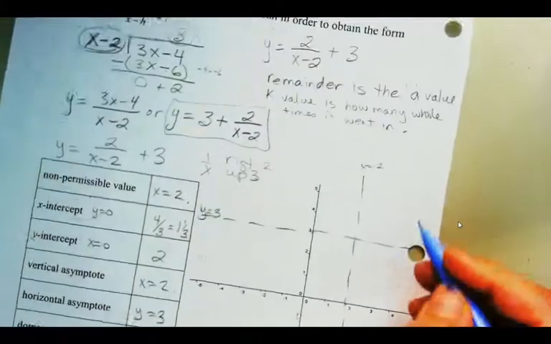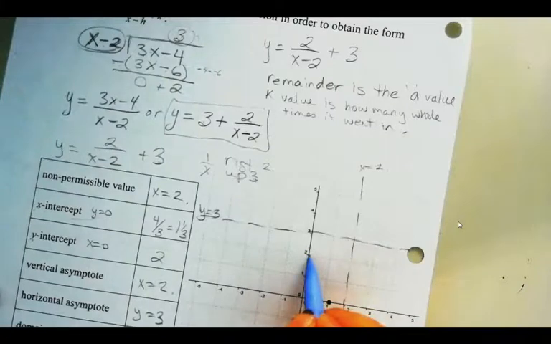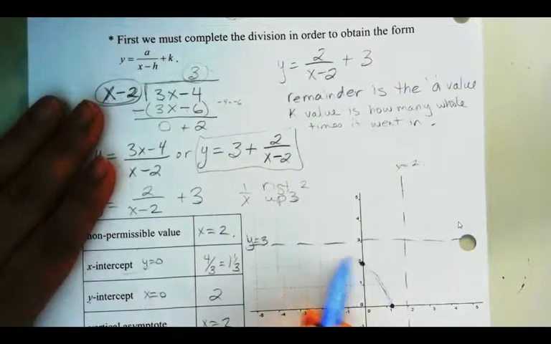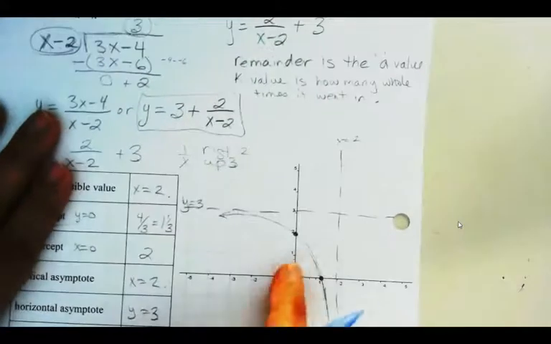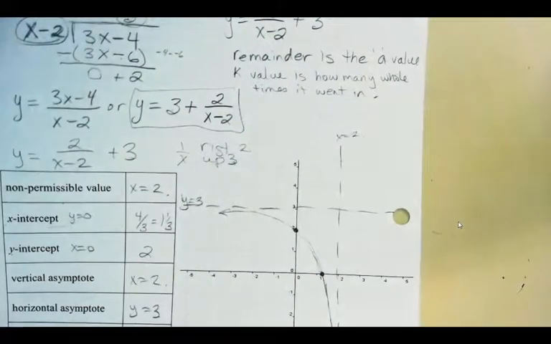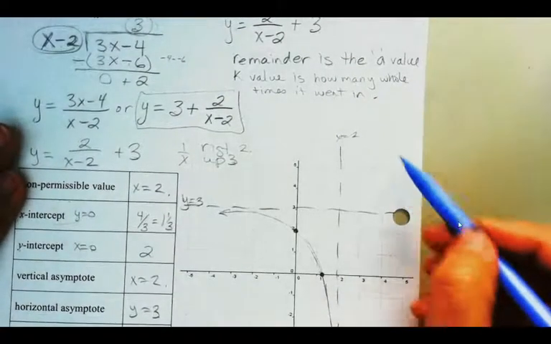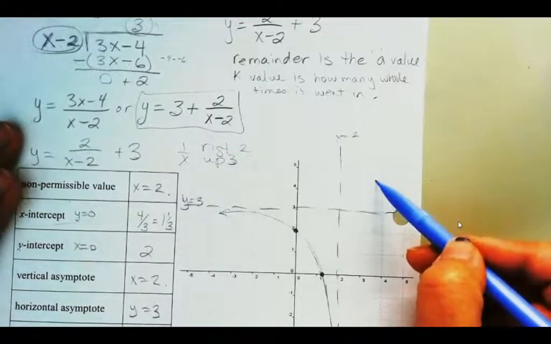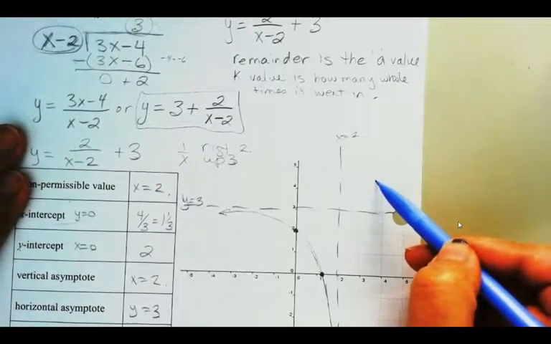So I need 2 nice points. I should have a nice point on each quadrant. There's a problem. Now, right here, what do you notice where my points are? They're both in the same quadrant, right? So I need to figure out another point. So now I need to choose a point that's going to end up giving me a value over here in this quadrant. So what would be a good choice of an x value to give me another point here? 3?